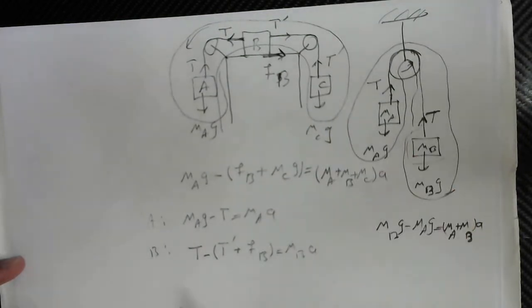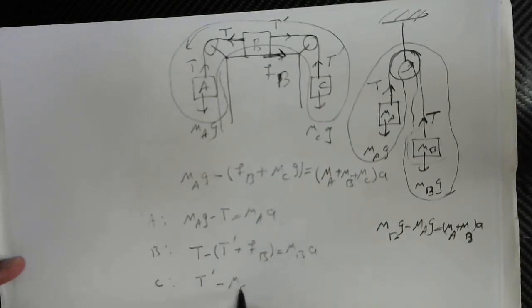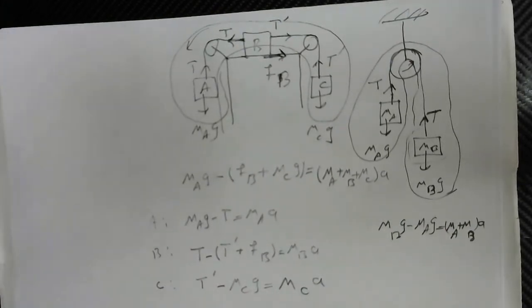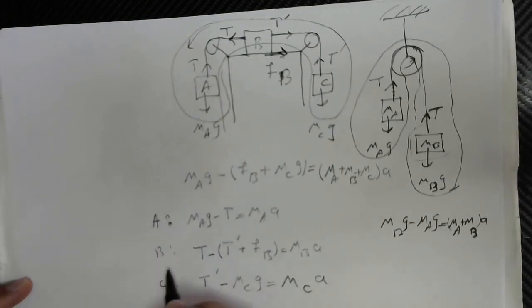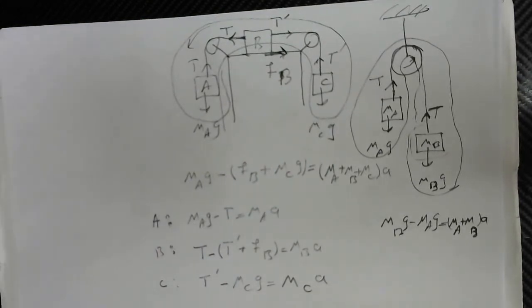Or you could consider C as the system, so T prime minus MCG is MCA. This is A, B, and C.